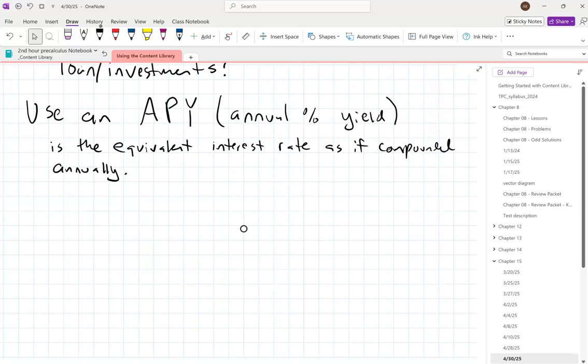So the APY is basically this interest rate compounded annually.